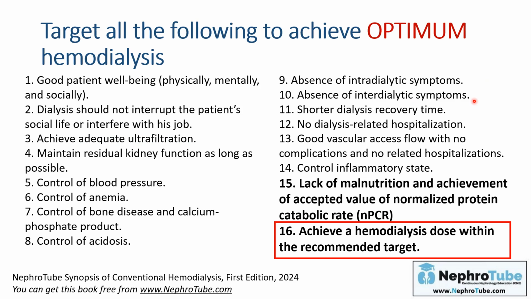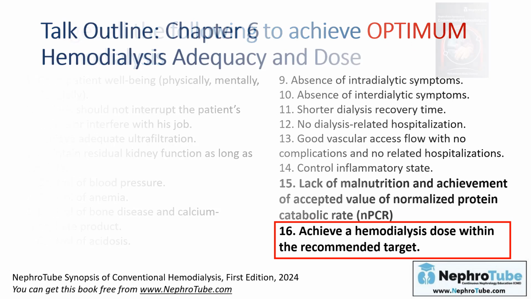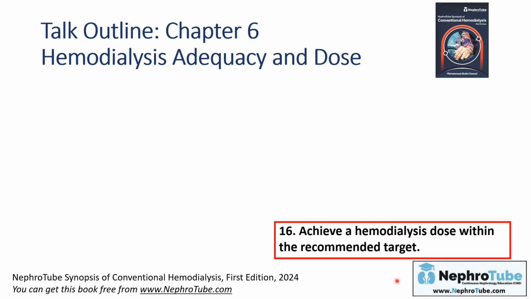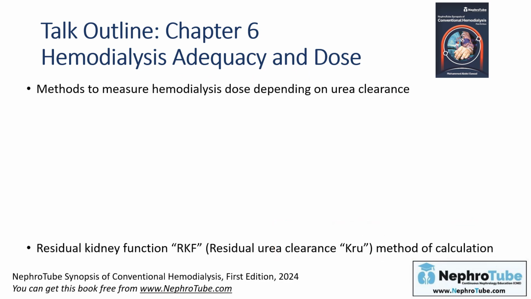So our lecture from now will mention how to test hemodialysis dose, which is a part of how to achieve optimum hemodialysis. My talk outline from now is to cover point 16, which is hemodialysis adequacy and dose. We will discuss two main points in this lecture. First, methods to measure hemodialysis dose depending on urea clearance.